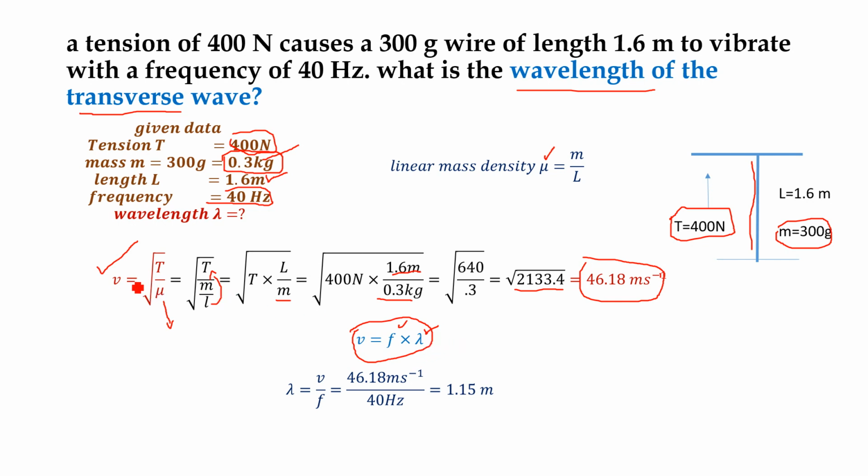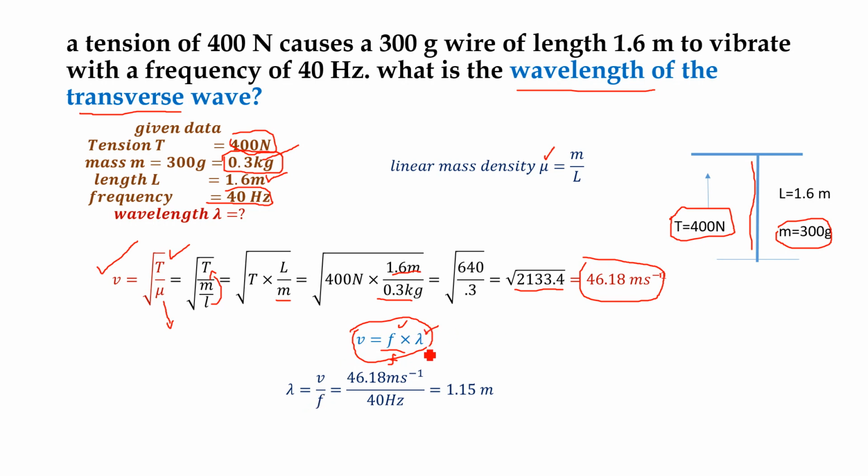Here, this velocity was in terms of tension T, and mass and length of a straight string, but this was specifically for the transverse wave, while this one is a general wave velocity equation in terms of frequency and wavelength. So, for calculating the wavelength, we will divide both sides of this equation by frequency. We will get lambda, the wavelength, is equal to velocity divided by frequency.